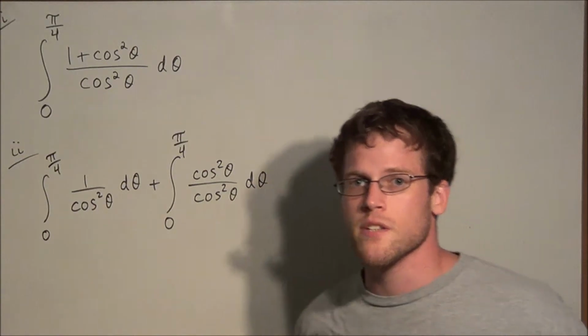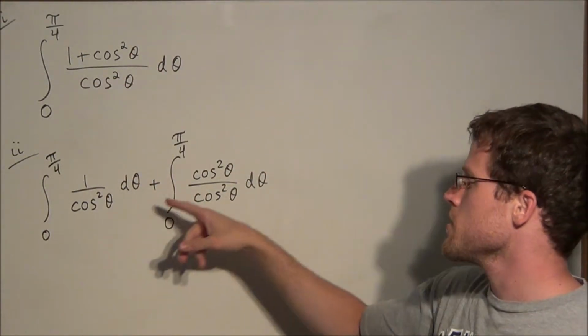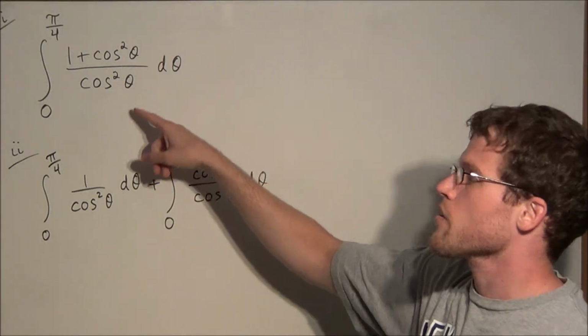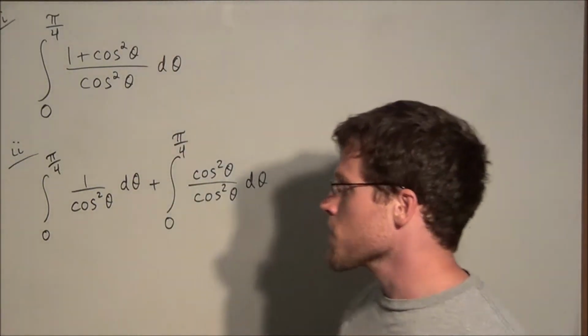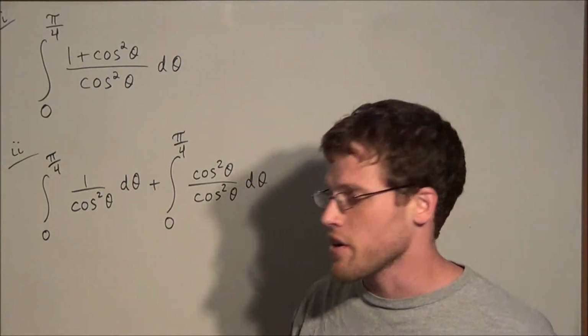Notice all that we did was separate the numerator into two pieces. What this allows us to do, though, is simplify each integral. These are much easier to integrate now.